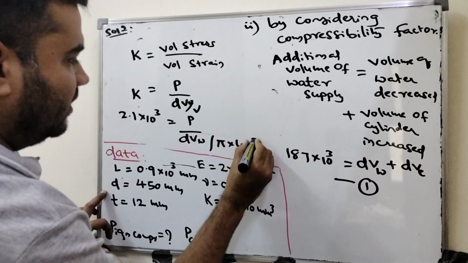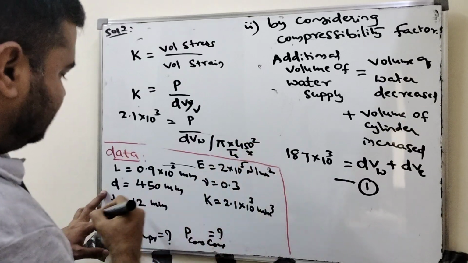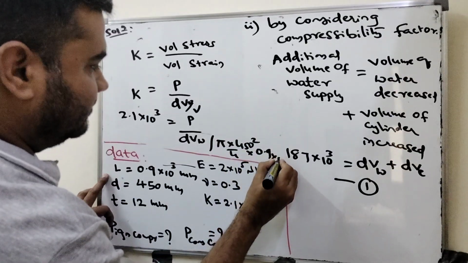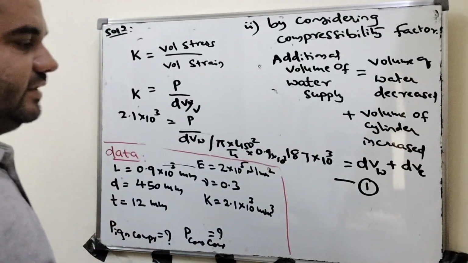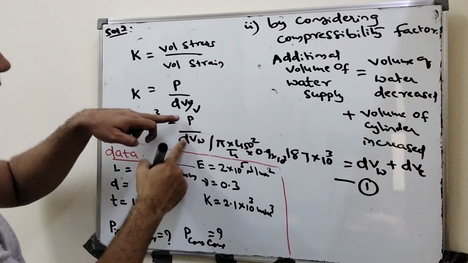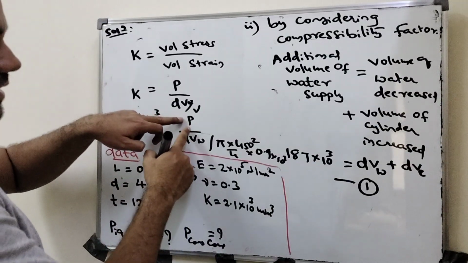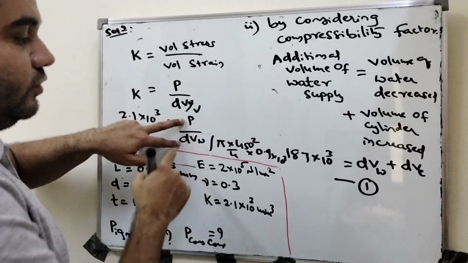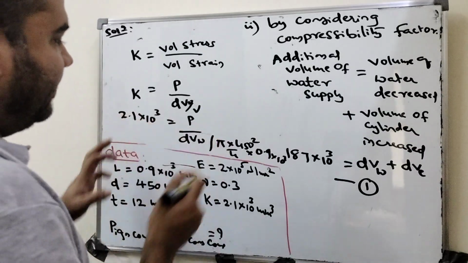pi d square by 4, pi into 450 square divided by 4, into length, 0.9 into 10 raised to 3. Now we have two unknowns here: one is P, the pressure, and one is the change in volume due to compressibility. Keep it as it is.